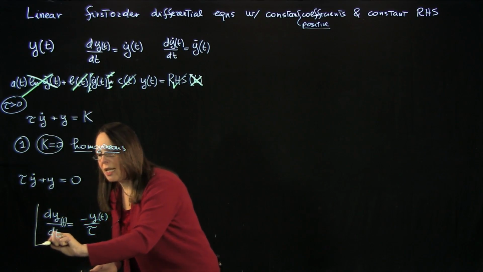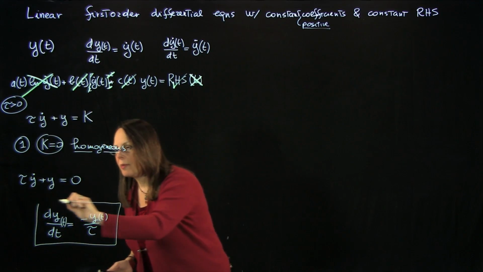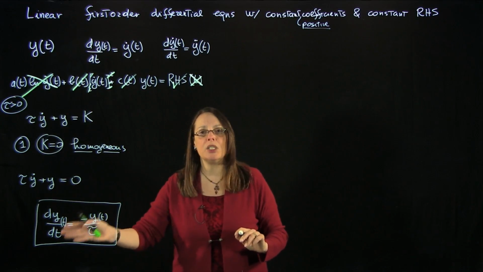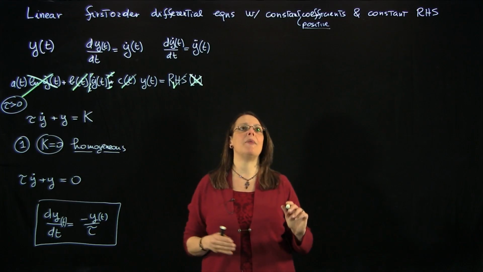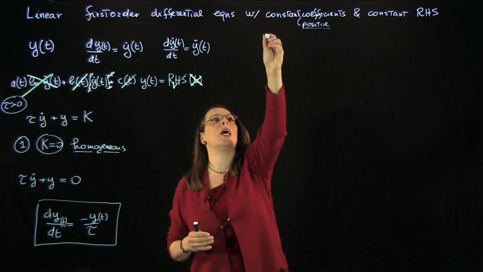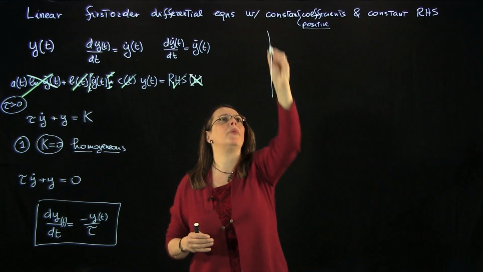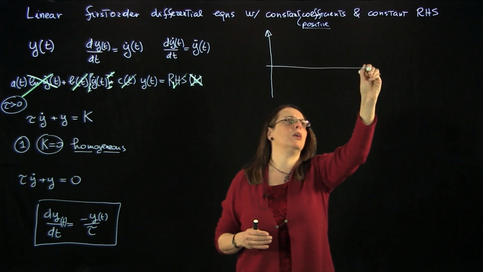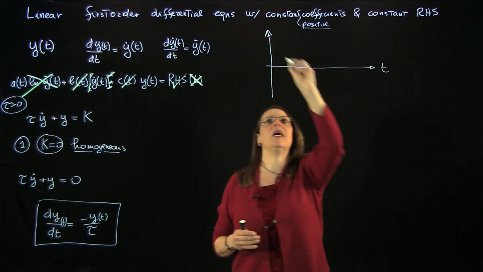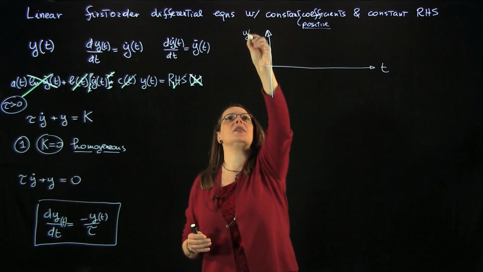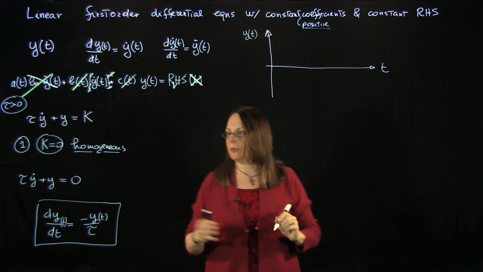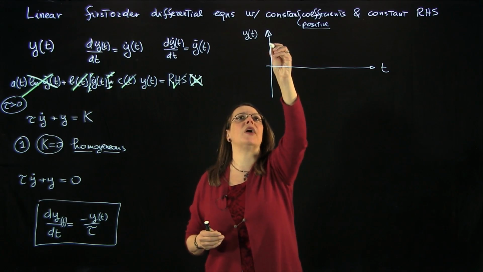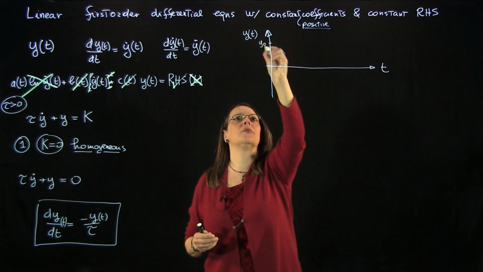So it means that I'm trying to find the function y of t such that this is true. So if that is true, what does the function look like? If I plot out what this means, so if this is my time axis and this is my y of time axis, say that I start at time equals 0, the value of the function is y0.